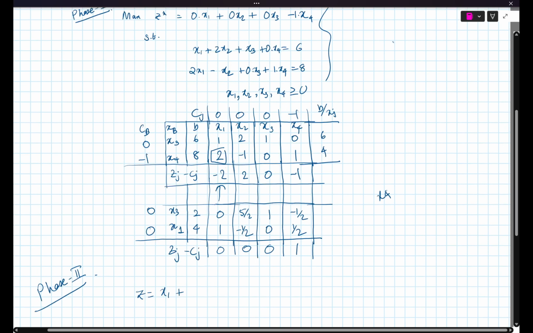That's correct. And x2 equal to 0. How can we verify whether this is correct? x3 equal to 2 and x1 equal to 4, right?